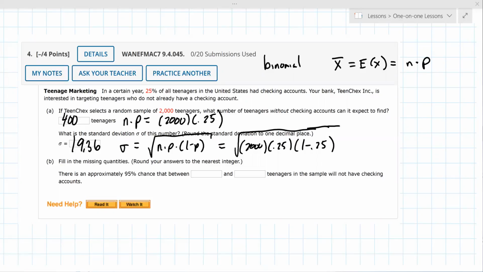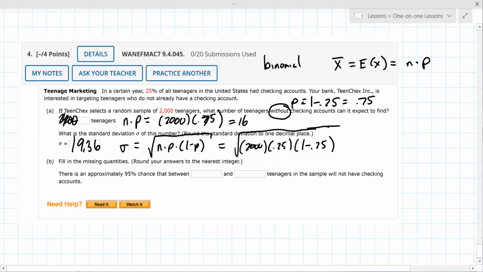All right. So the p here, okay, see, with the without checking accounts, that means p is actually 1 minus 0.25, which is 0.75. So that changes this to 1600. So let me change that.